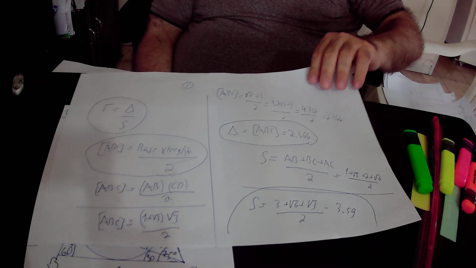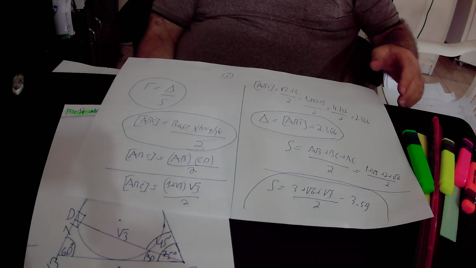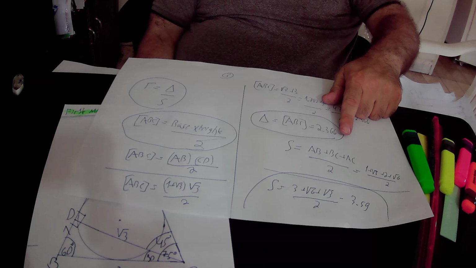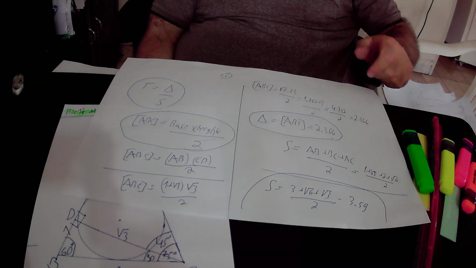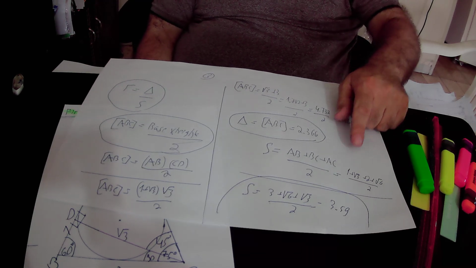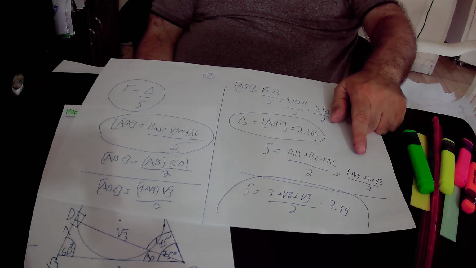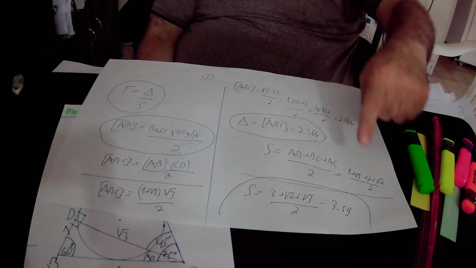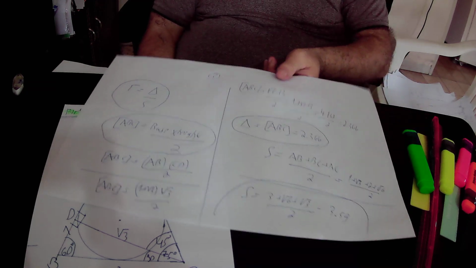The semi-perimeter of triangle ABC equals the sum of its side lengths over 2. AB is 1 plus square root of 3 units in length, BC is 2 units in length, and AC is square root of 6 units in length. So all divided by 2, the semi-perimeter is 3.59.